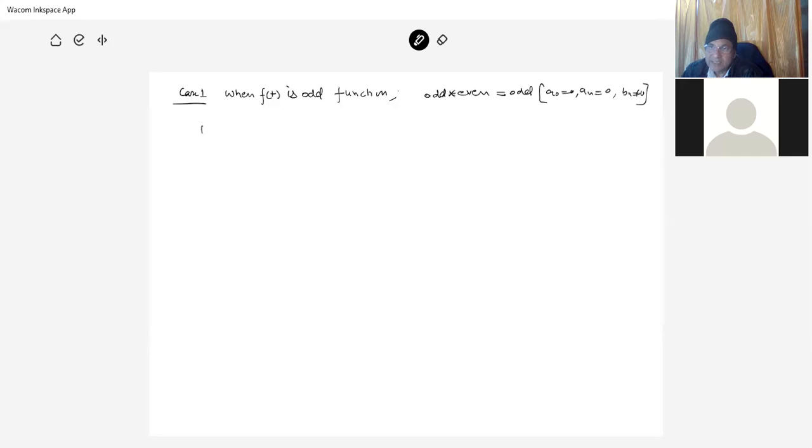So f of x is equal to 1 by 2 pi, minus infinity to plus infinity, minus infinity to plus infinity, f of t sine ut sine ux du dt. This is the sine integral. So sometimes the question is, find out the sine integral.